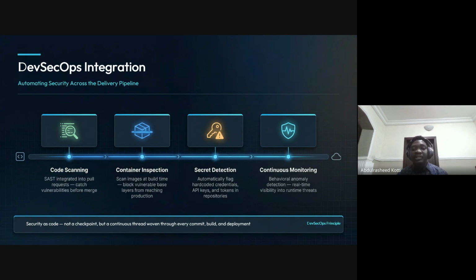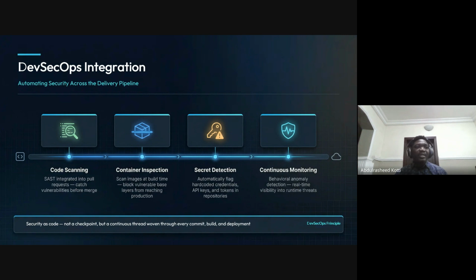Next is secret detection. Tools check for secrets that are exposed. Things like passwords or tokens that should never be inside code.